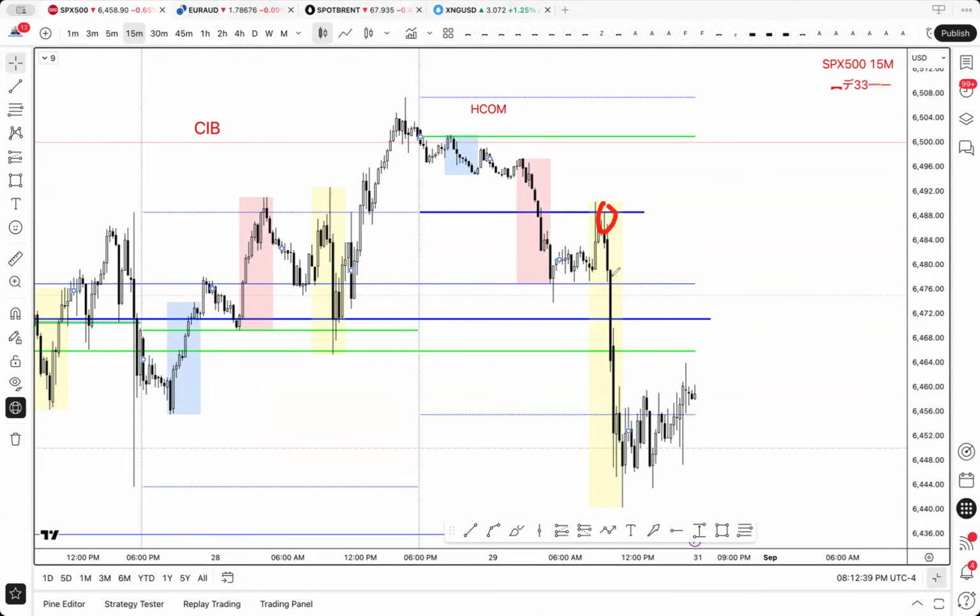All you had to do was get in at the level or get in at the next level if you missed that one. If you miss the first train, there's another train. If you miss that, get in here. It's less risk to reward, but you can still get in.